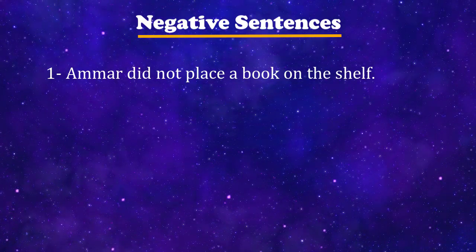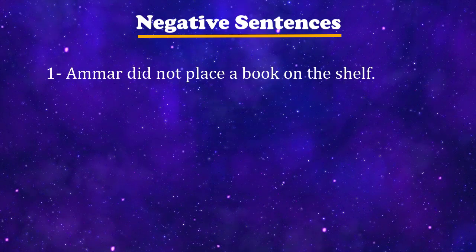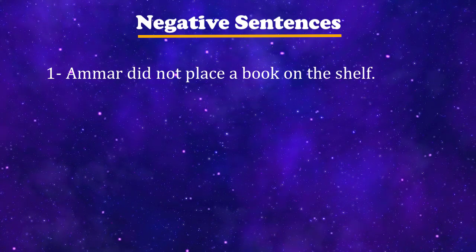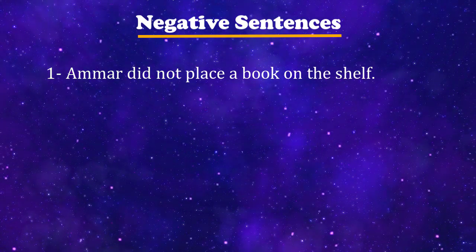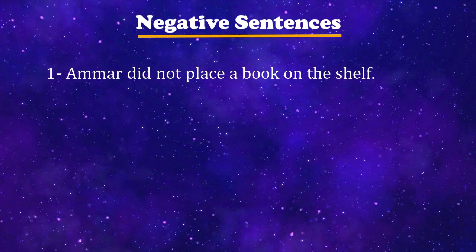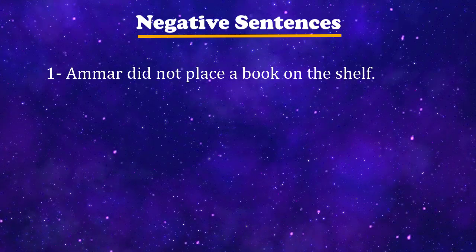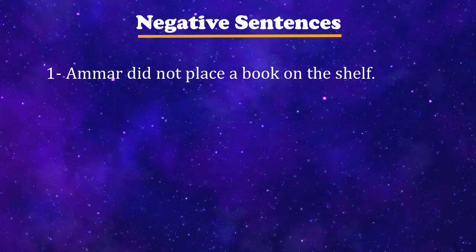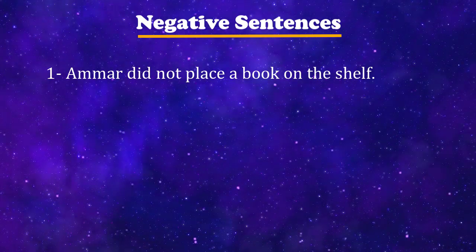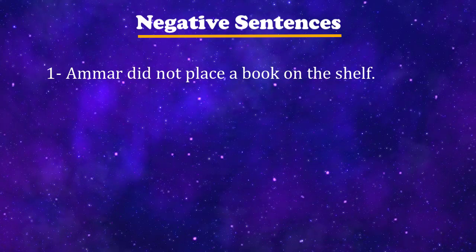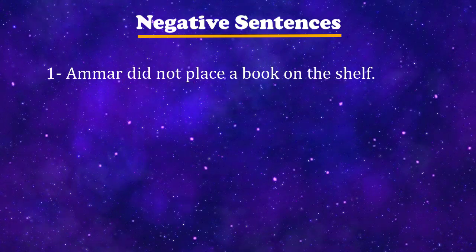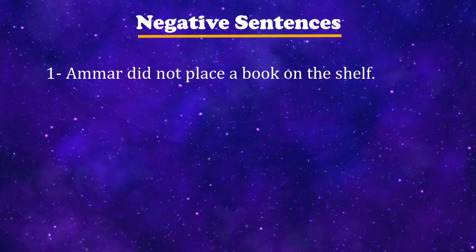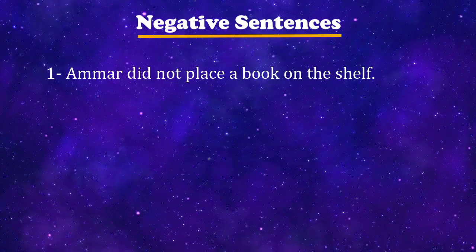Whenever we change an affirmative sentence into negative, first we put did not, and the second thing we have to do is eliminate this ed from the verb, or write the first form of the verb again. Ammar did not place a book on the shelf. We will write the first form again here. We cannot write the second form here if we are using did not to make it negative.